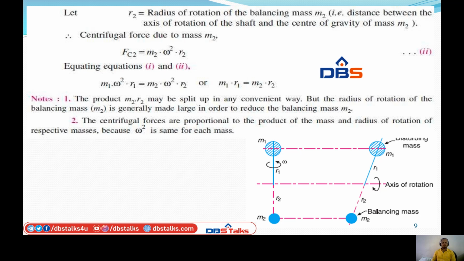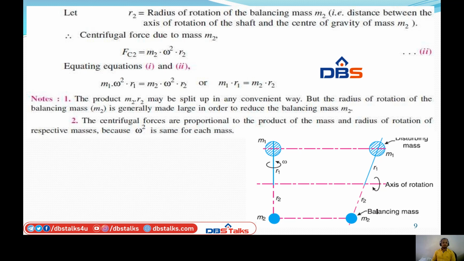So by equating equations 1 and 2, m1 omega square r1 equals m2 omega square r2, or simply by cancelling the angular velocities, m1 r1 equals m2 r2.